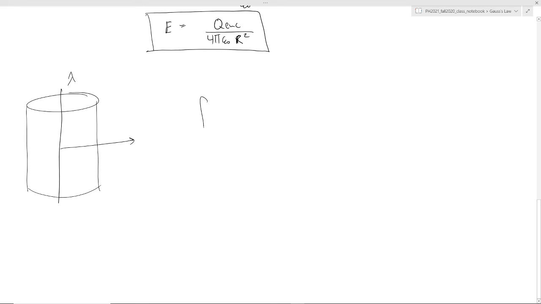So we can set up our Gauss's law problem here. The closed integral of the flux is going to equal the charge that's enclosed by our surface over epsilon naught.